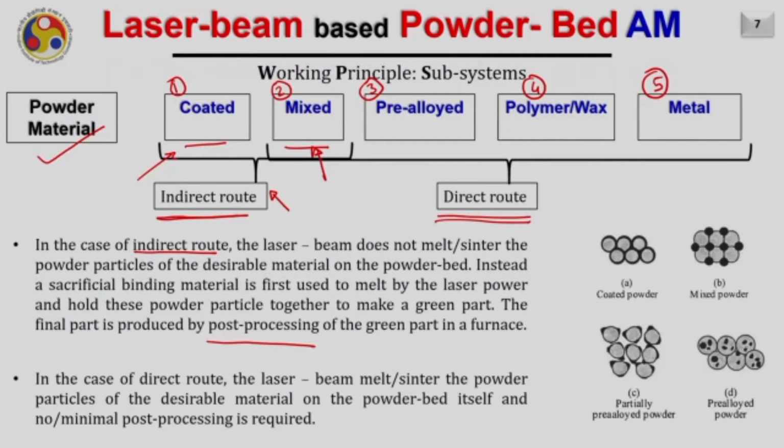So, the direct routes are applicable for mixed powder, for pre-alloyed powder, for polymers and for metals as well. So, now let us discuss in detail these indirect routes and direct routes, because that will give us further insight into the need for this type of powder particles to be used in the indirect route or in the direct route.